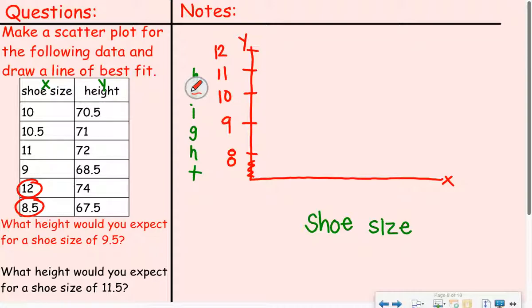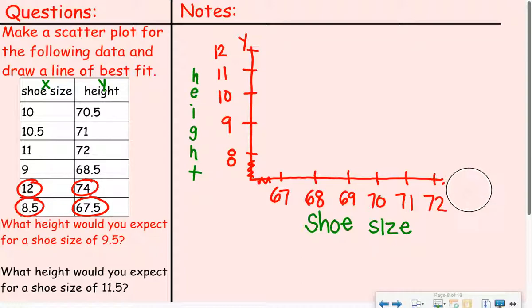Our smallest height is 67.5 and our biggest is 74. So let's start at 67. Extend this a little bit more here.